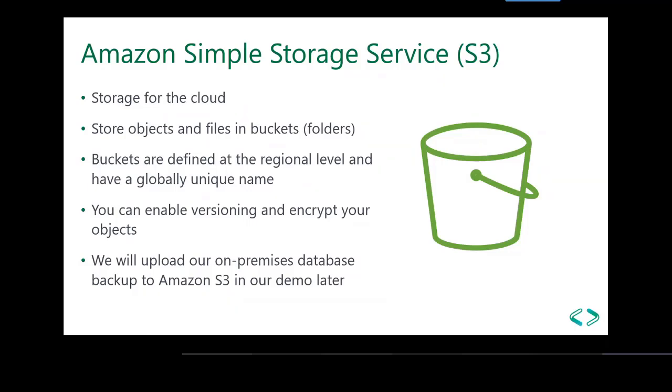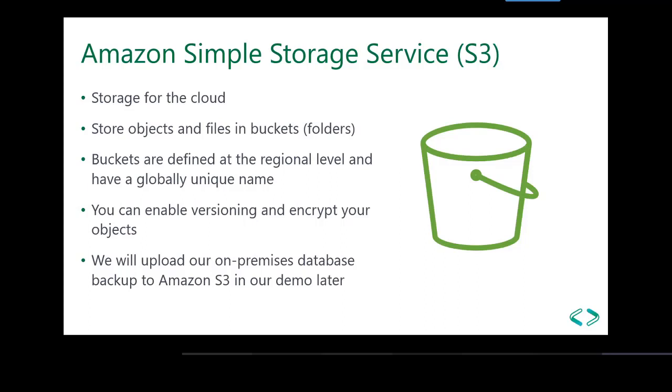You can enable versioning and also encrypt your objects. Versioning means that you keep multiple copies and track your changes. In our demo, we're going to upload our on-premises database backup to S3 as part of the migration.